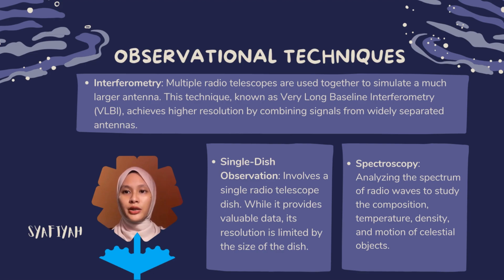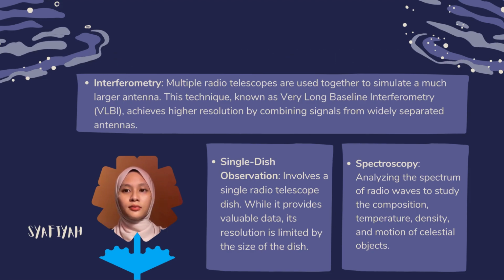Single dish observation: it involves a single radio telescope dish. While it provides valuable data, its resolution is limited by the size of the dish. Spectroscopy: analyzing the spectrum of radio waves to study the composition, temperature, density and motion of celestial objects.